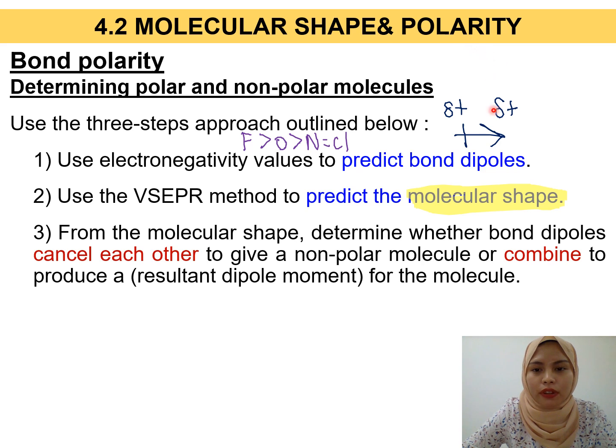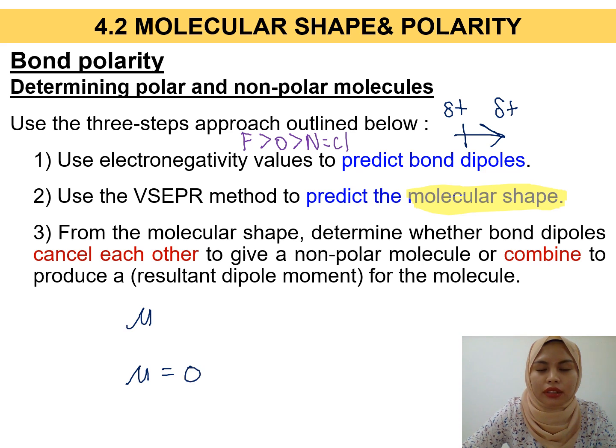Okay, so from the shape of your molecule, only then you boleh tahu bond dipole tu akan cancel out each other ke tidak. Okay, kalau let's say from previous Miss ada ajar, kalau bond dipole tu boleh cancel each other, that means dia punya dipole moment equals to 0.